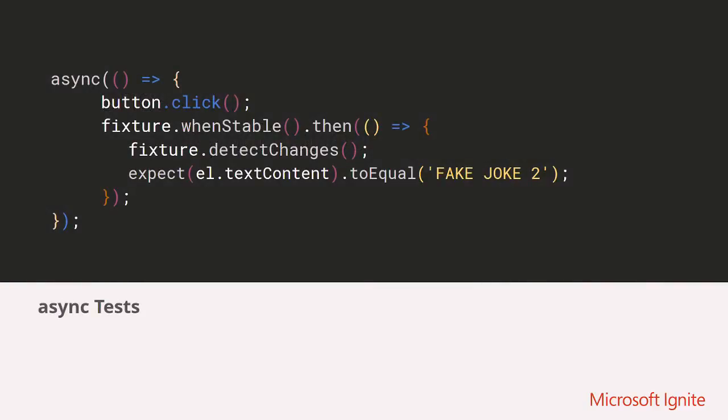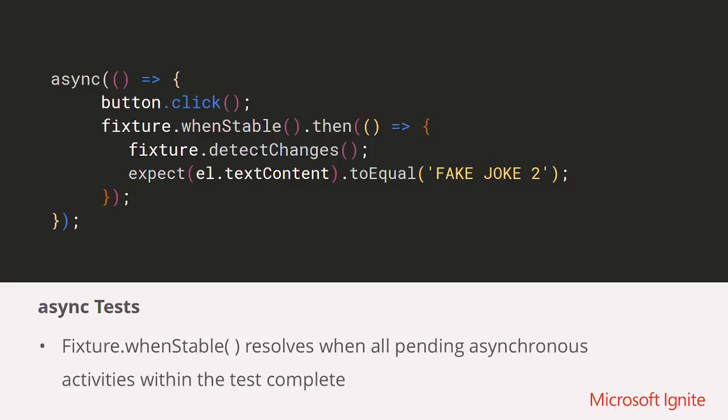So we can use the async function. And when we've got the async function, we can do something that calls an asynchronous operation like a button click. And then we can use fixture.whenStable. fixture.whenStable resolves when all the pending asynchronous activities within that test complete. So we can say, go and do the button click.